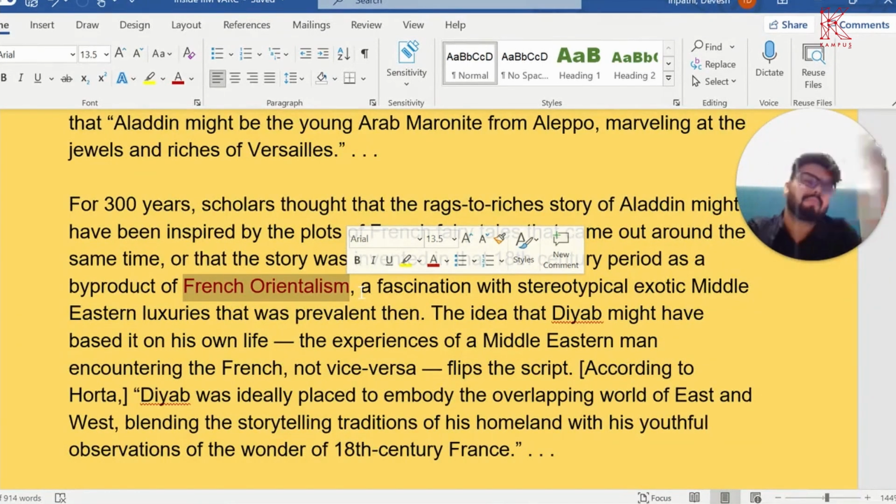Or more basically, the rags-to-riches story appealed to them. But actually, this man Diab, coming from an Arab country, or for that matter from Syria, coming to France, getting marveled by the extravagance of Versailles and seeing the experiences, writing this, flips the script because it was not traditional during that time.